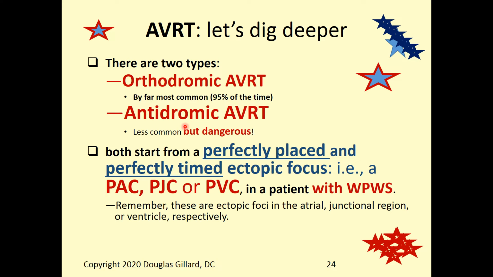Everybody good with that? How does this start? Remember we talked about PACs? We talked about PJCs. We didn't talk about PVCs, premature ventricular complexes or contractions, whatever word you want to use. But it's the same principle. In your ventricular myocardium, you can have a wild, crazy group of cells or just one cell that beats the SA node to the punch.